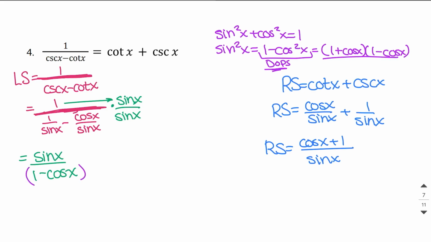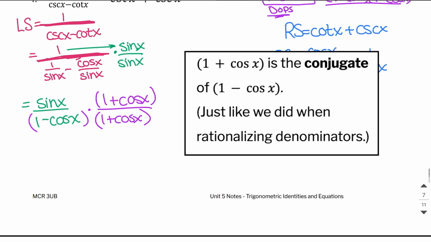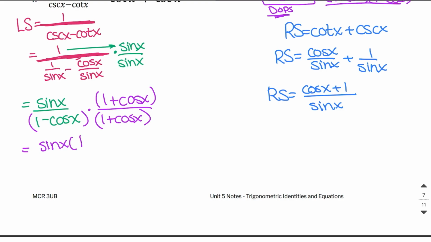So I can multiply this by 1 plus cosine of x in the denominator, but whatever I do in the denominator, I also have to do in the numerator. This ends up becoming sine of x times 1 plus cosine of x all over this right here.